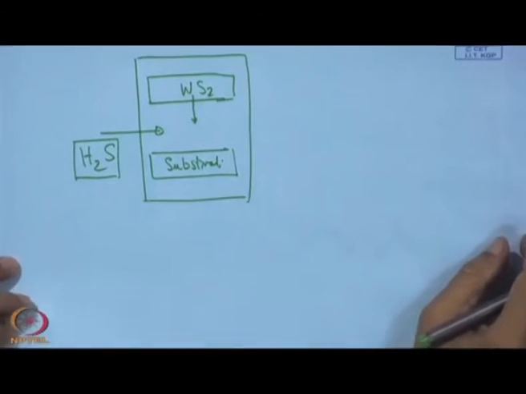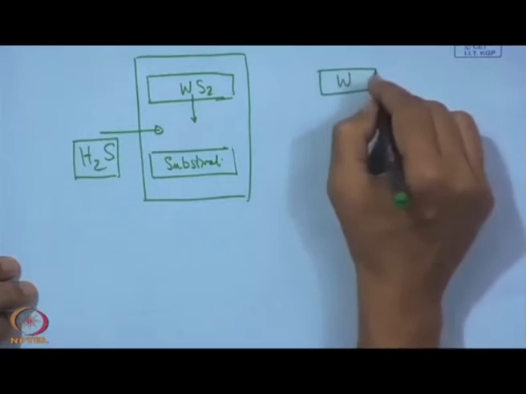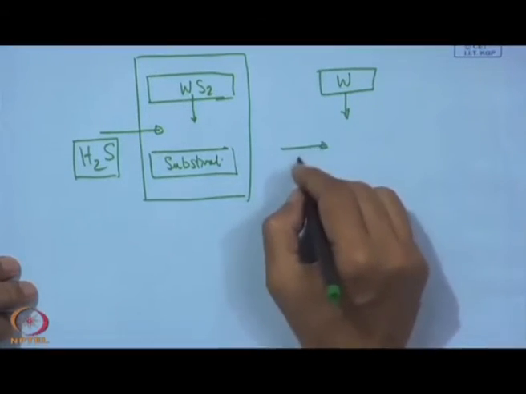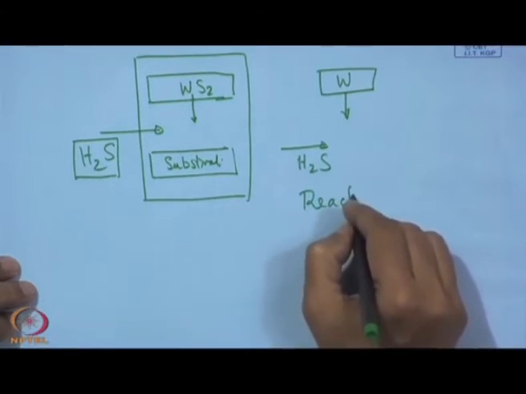This is one way, but another way is just by using tungsten as the cathode and having H2S, and this is reactive sputtering.